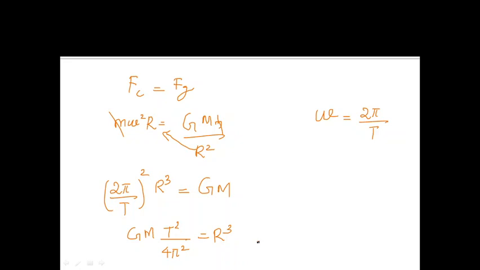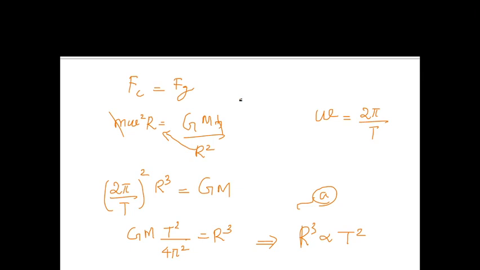So you can simply state that r cubed is proportional to T squared. If we consider this r as the average distance from sun to earth, then it will be approximately equal to the semi-major axis A. So this implies that A cubed is proportional to T squared, or r cubed is proportional to T squared.